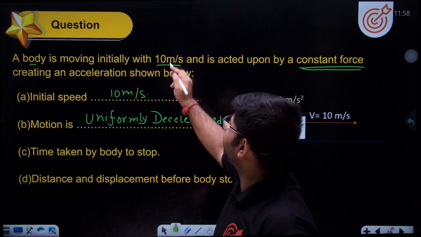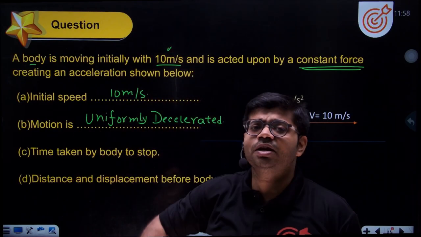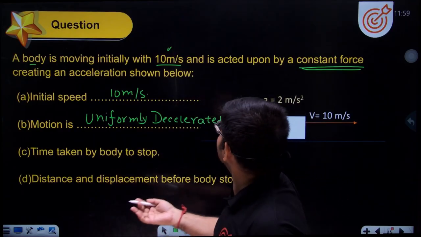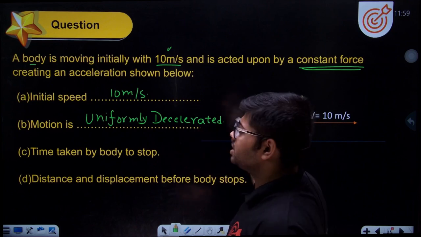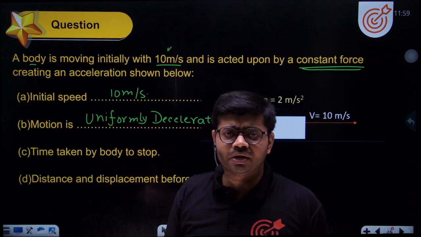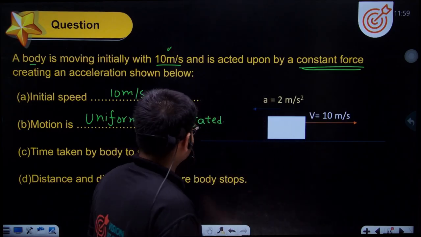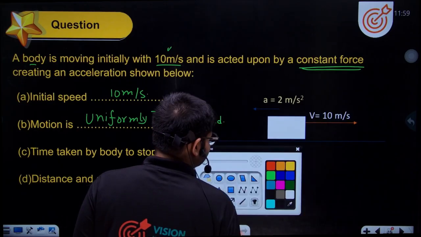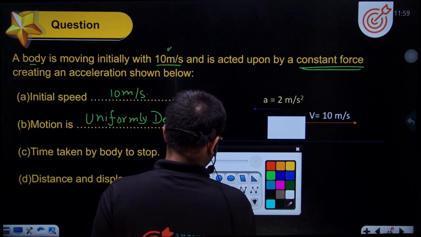Initial velocity given to you 10 meter per second, final velocity 0. Which equation you should apply? You also know the acceleration. So which equation you need to apply? You need to apply equation number 1. V is equal to u plus at. Let us see. यही हम लोग कर लेते हैं, जितना स्पेस है काफी है.